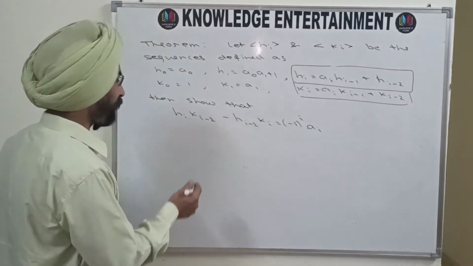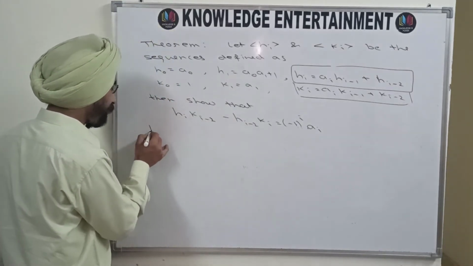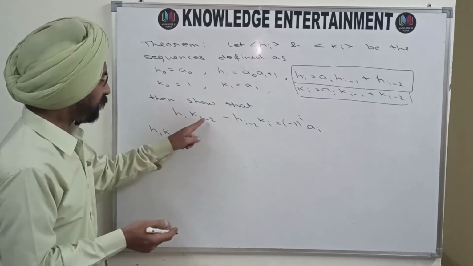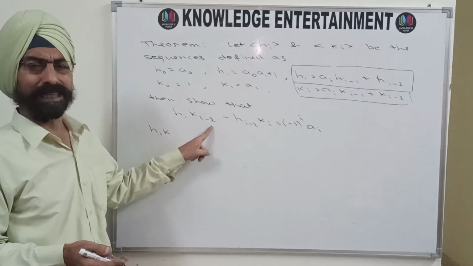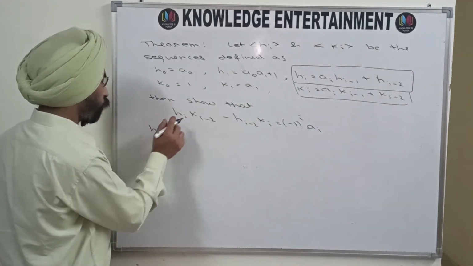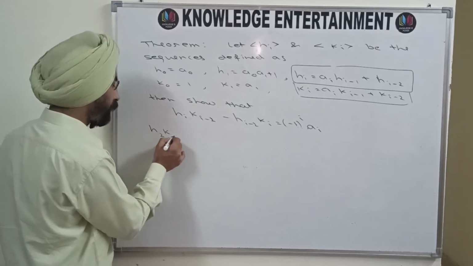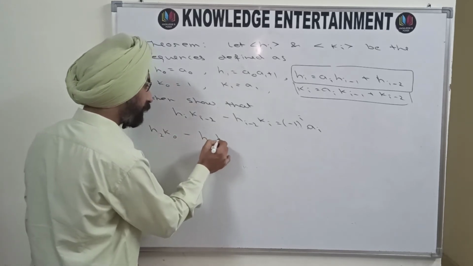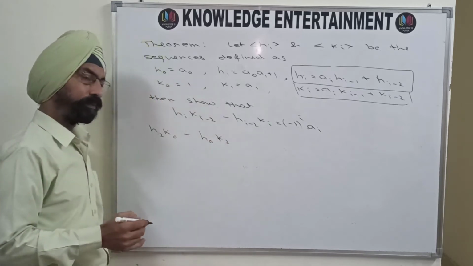Substituting i is equal to 1 to the left hand side, you will get h_1. Put i is equal to 2 because otherwise here it will be minus 1, which is not defined. So take i to be equal to 2. So h_2 k_0 minus h_0 k_2.